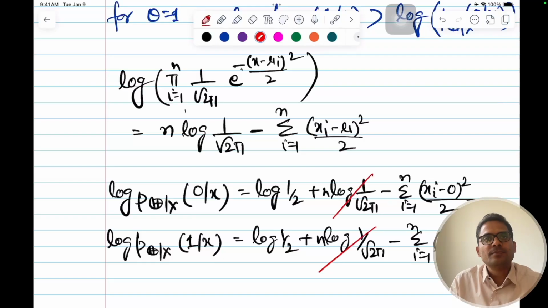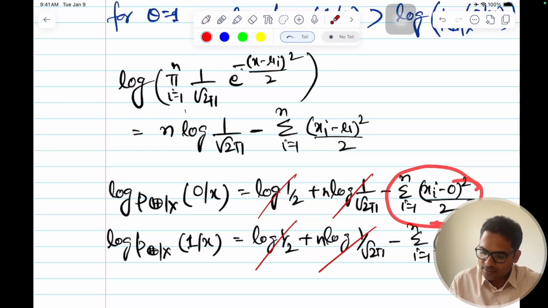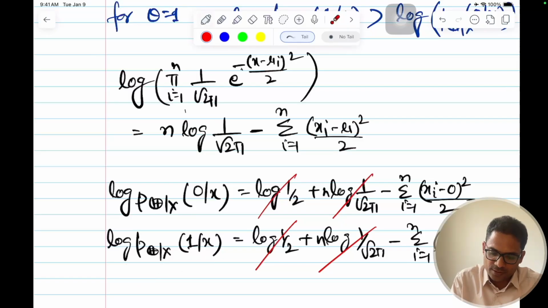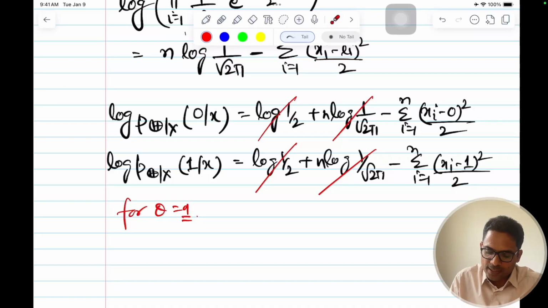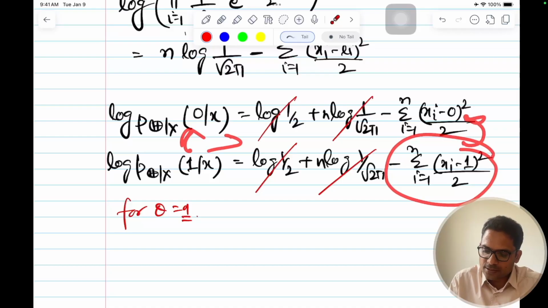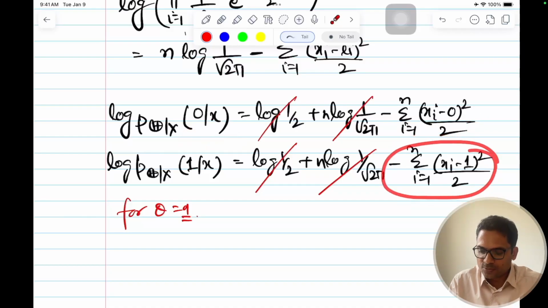Both are same, fx already got rid of, and this is also same, so I'll get rid of this. So the only thing that remains is this term and this term. For theta equal to 1, this probability should be greater than the above probability, meaning this term should be greater than this term.